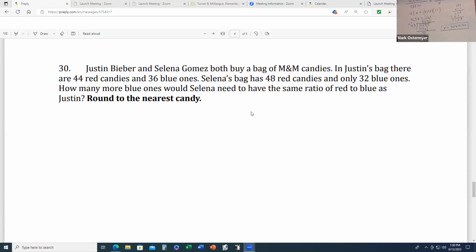How many more blue ones? Okay, well, what's Justin's ratio? 44 red candies and 36 blue candies. It's red to blue, so it's 44 to 36, correct? And doesn't 44 to 36 reduce down?